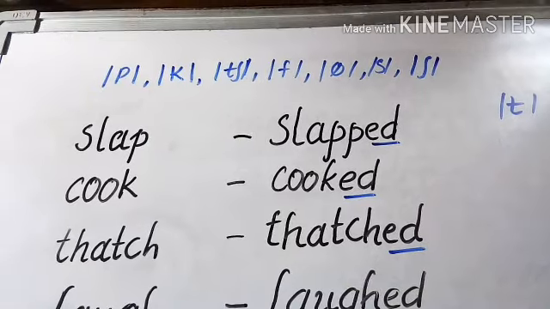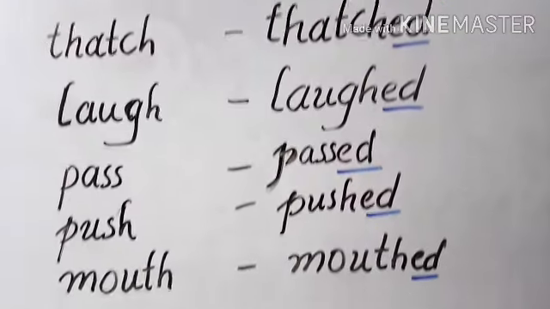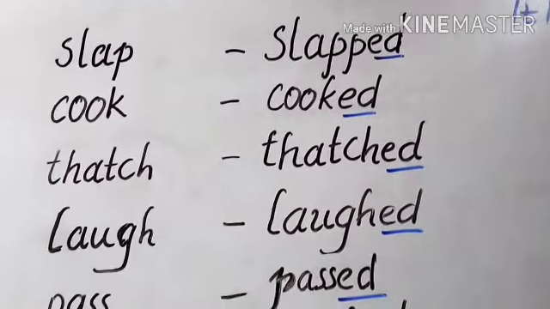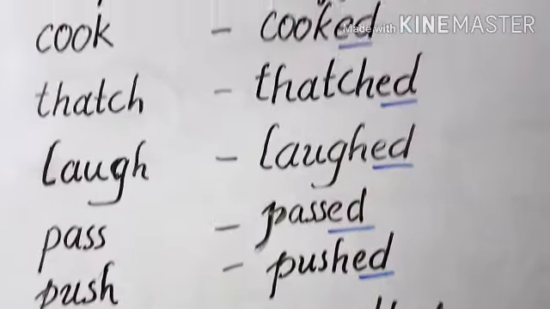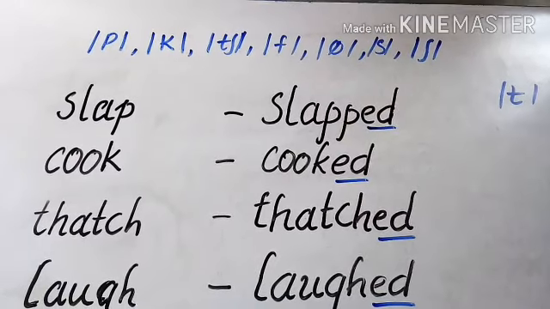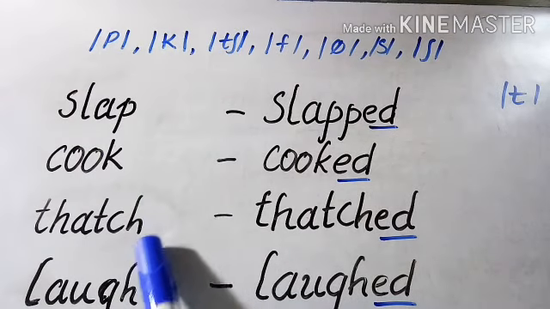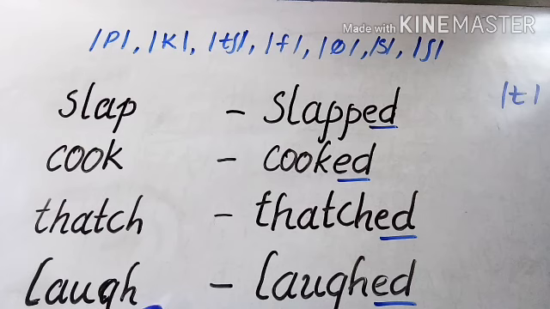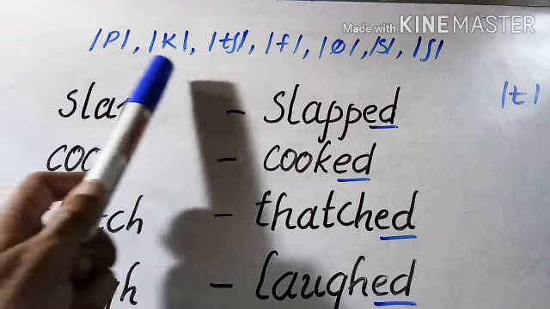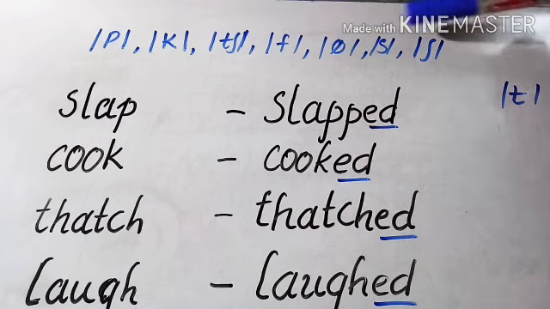Now observe all these words, which are regular verbs, from slap to the last word mouth. So here the rule is when the last letter ends in a voiceless consonant, all these are voiceless consonants here: p, k, ch, f, s, sh, th.